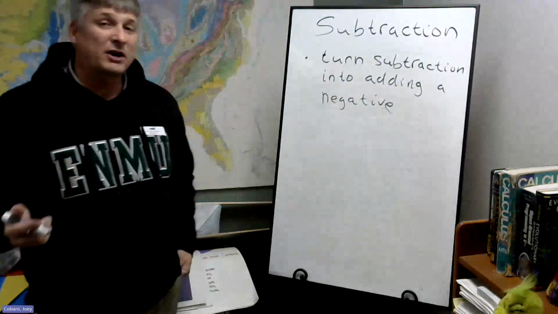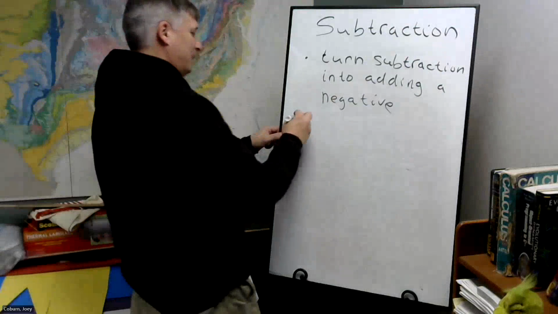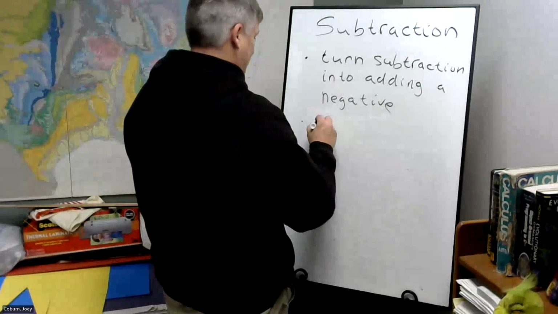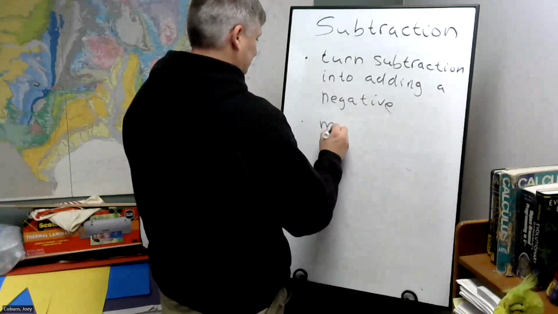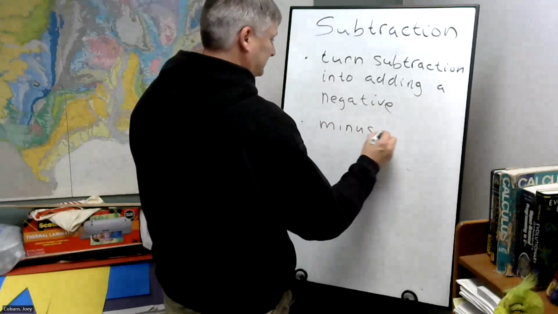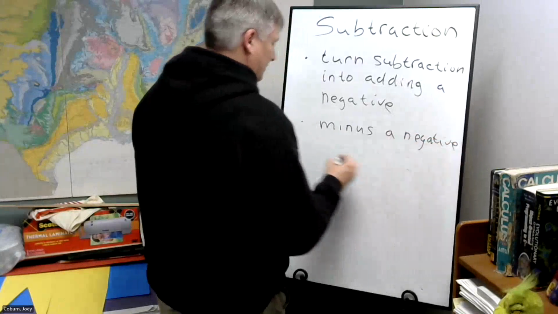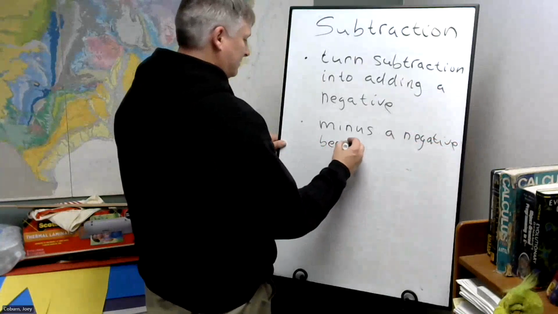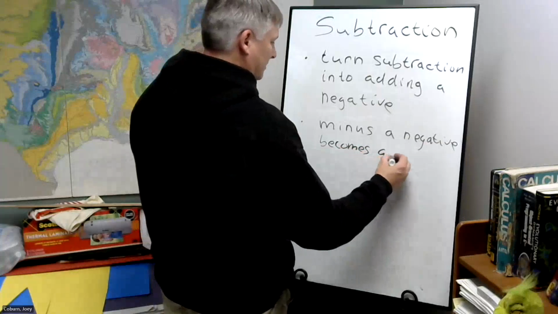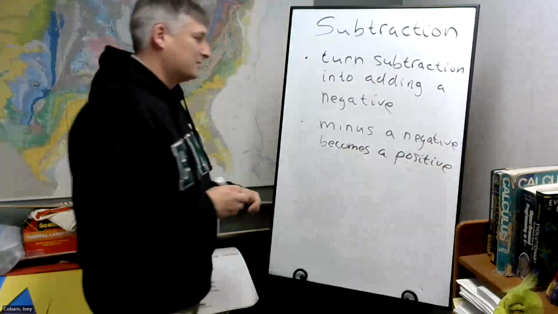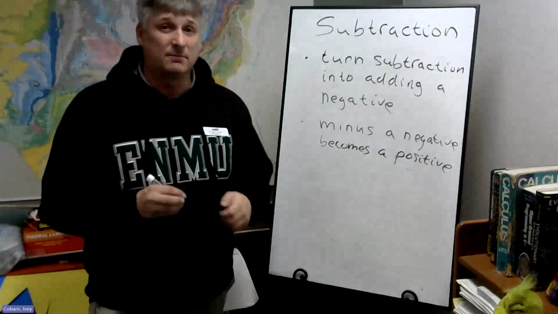You want to turn subtraction into adding a negative, and then if you get a double minus, like subtracting a negative, this becomes a positive.